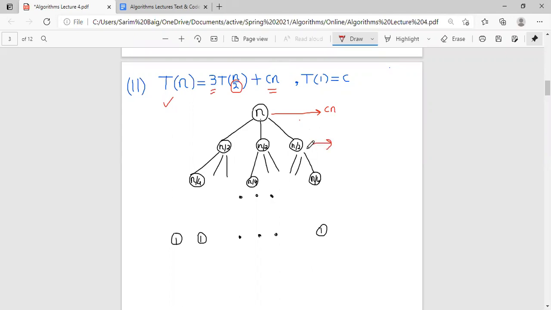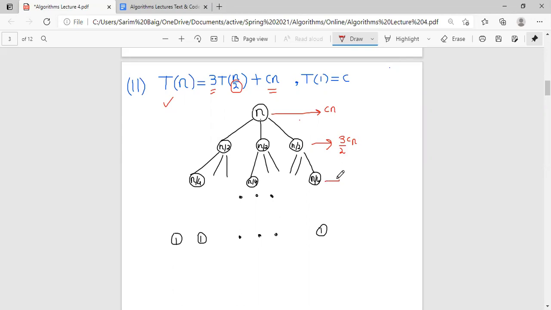Each problem is of size n by 2, and each problem in itself needs cn by 2 work. So the total work in the second level is 3 cn by 2, right? So I'm just going to write it like this: 3 by 2 c and n. Okay, this looks nice that the numbers are in the beginning and then c and n.